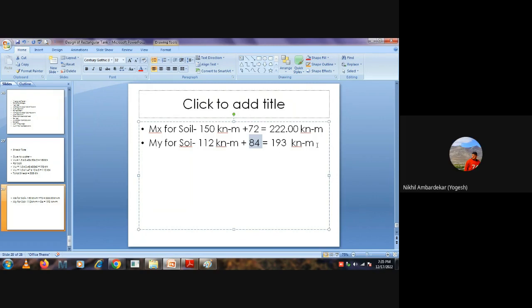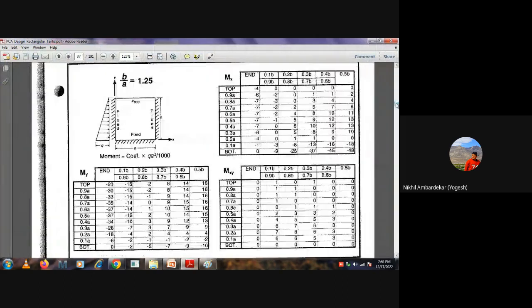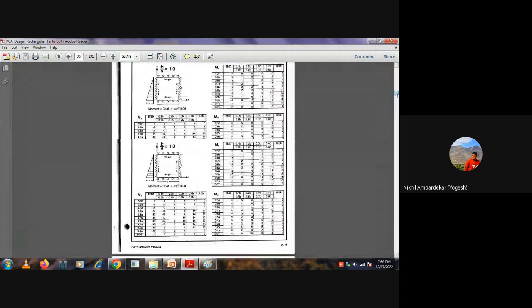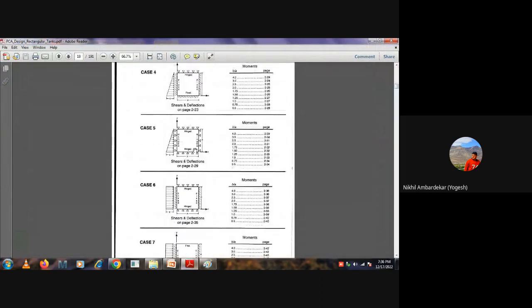Now shear force. How to calculate the shear force? For that, again, I will go back to the top, the index of the load cases for triangular.